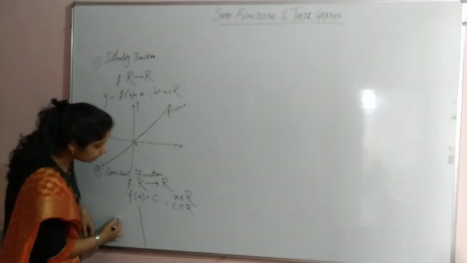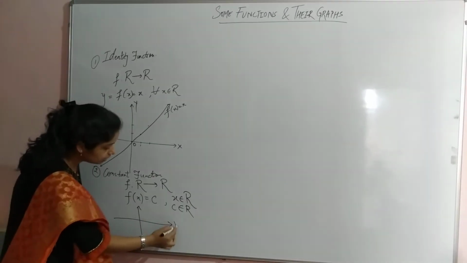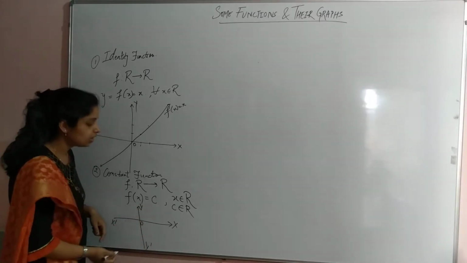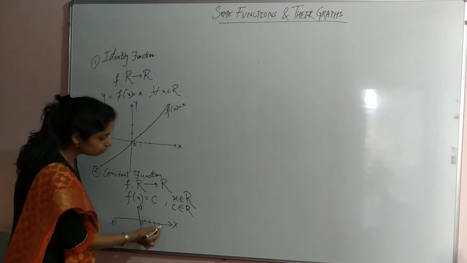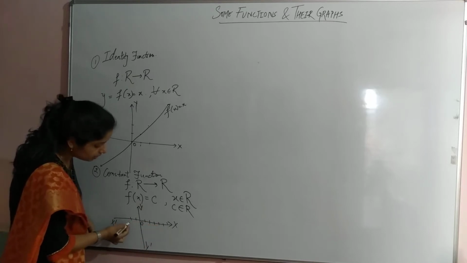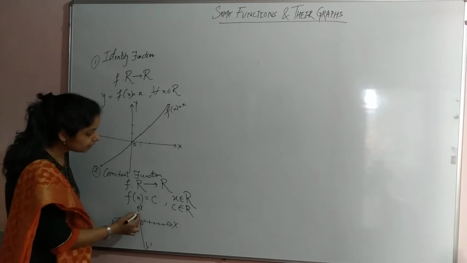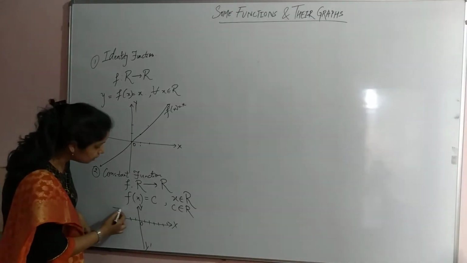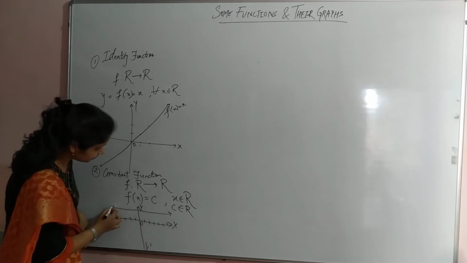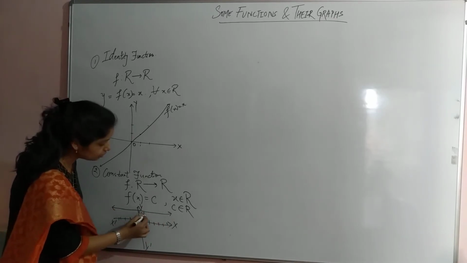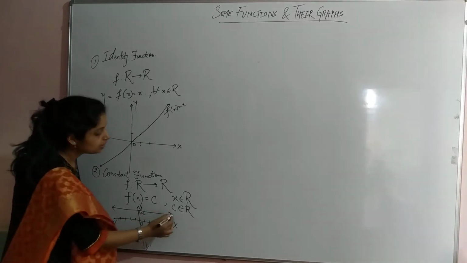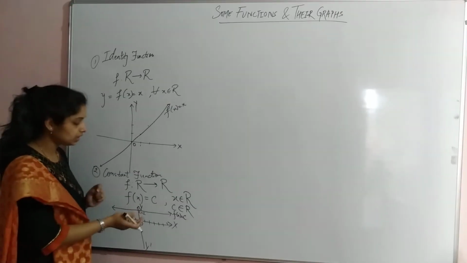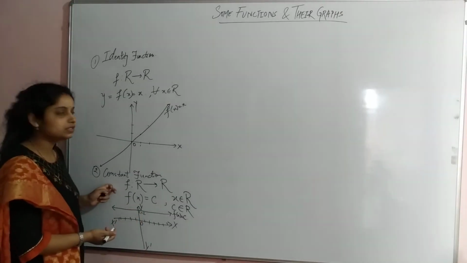In a graph, with the x-axis, y-axis and origin, for each x, 1, 2, 3, 4 and also -1, -2, -3, -4, we get the same value on the y-axis. Let c be 2, so we get this line. This line represents f(x) = c. So this is called the constant function.